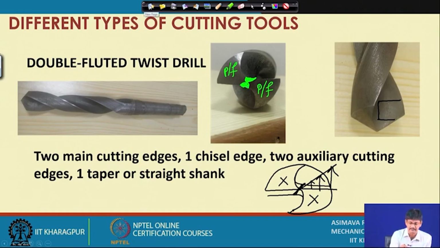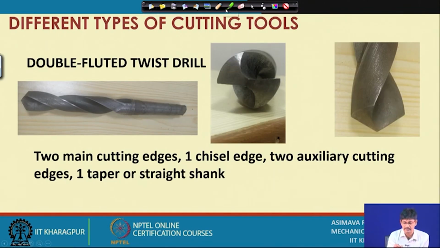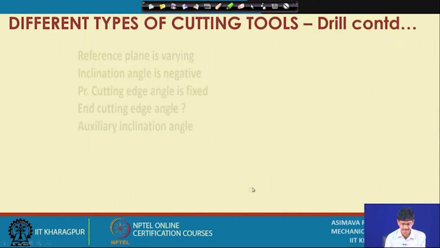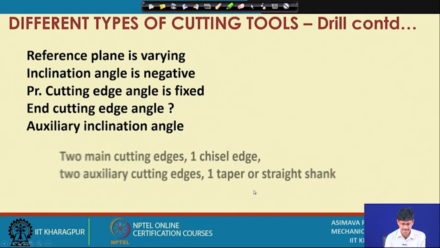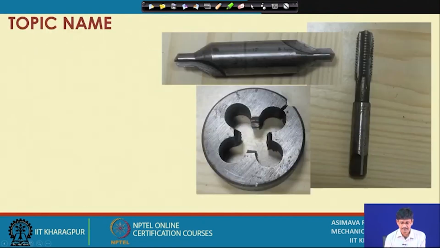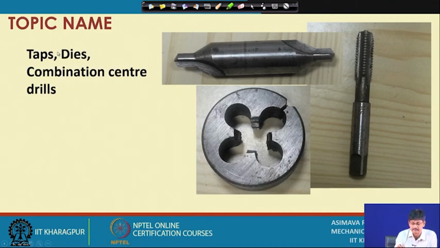So, after having learnt something about the drill, let us quickly go on to the other commonly used tools in metal cutting. This is called a combination center drill. It makes such a hole in material.